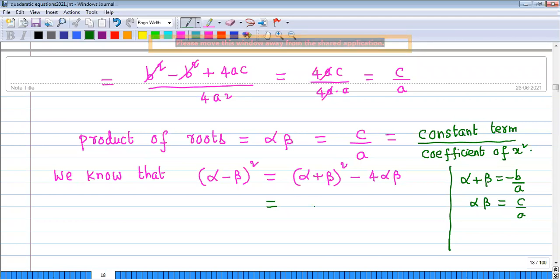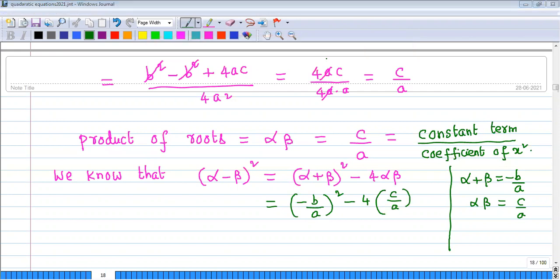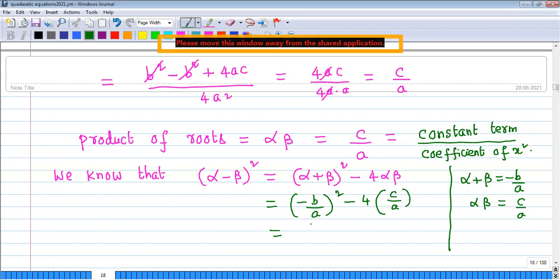Now alpha plus beta is equal to minus b upon a whole square, minus 4 times alpha beta, which is c upon a. So now this will be b square upon a square. My dear students, you remember, whenever you find the square of a negative number, you always get positive only.